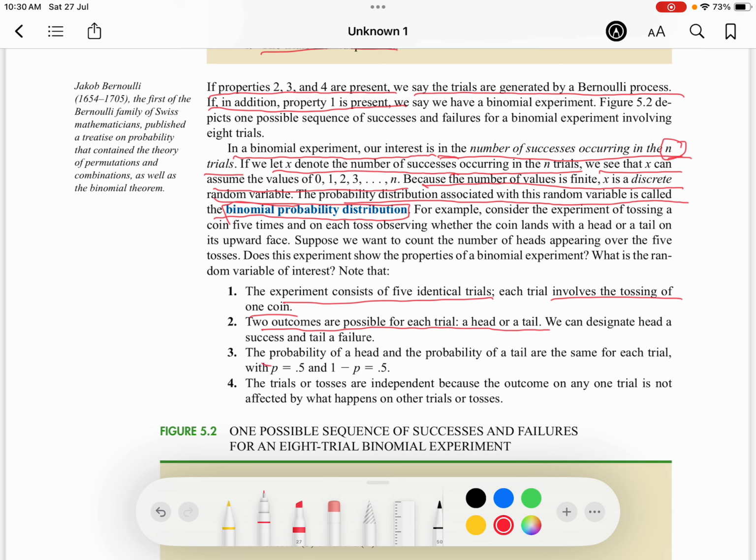The probability of a head and the probability of a tail will be 0.5 and 1 minus 0.5. The trials or tosses are independent because the outcome on any one trial is not affected by what happened on other trials.